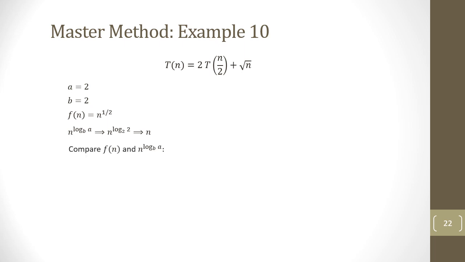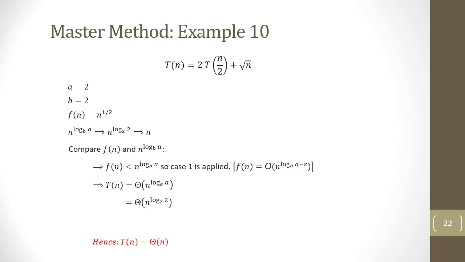So if we compare f of n with n to the power of log base b of a, the growth of n to the power of log base b of a is faster than f of n. So case 1 is applied. T of n is theta of n to the power of log base b of a. So for this recurrence equation, the solution is T of n is equal to theta of n.